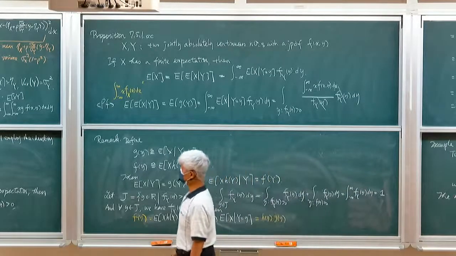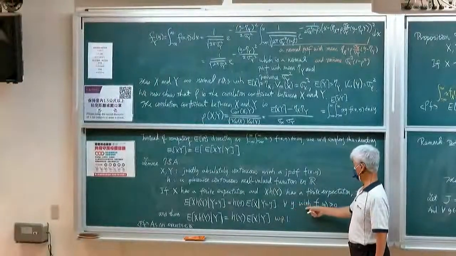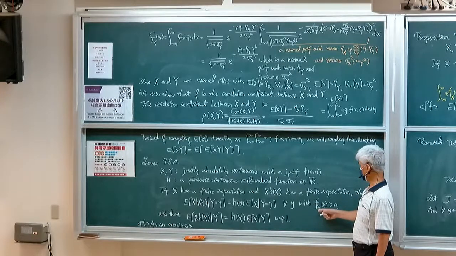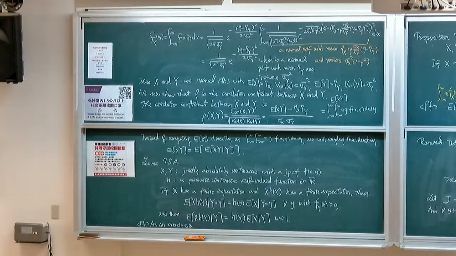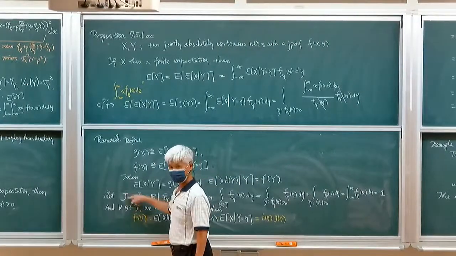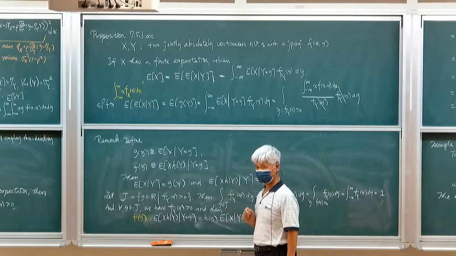The reason is that they are equal for all y where the marginal PDF of random variable Y is positive. Then it is possible that if y is not in J, these two functions are not equal.